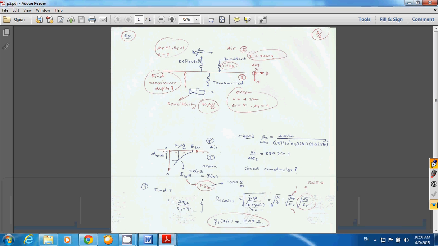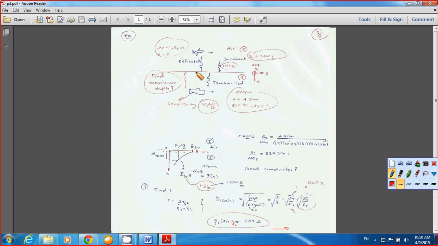Now take a look at the example. You have two different media, one is the air and the other one is the ocean. You have an aircraft flying in the sky, and you want to send a signal to a submarine which is in the ocean.